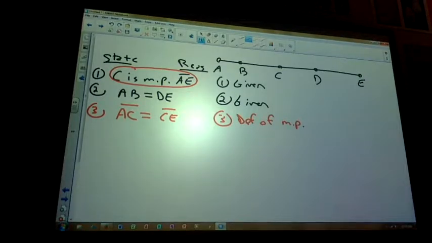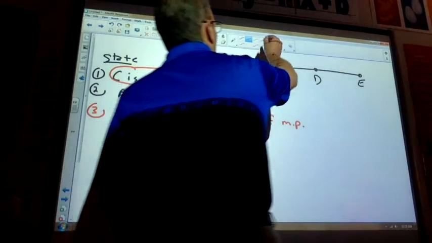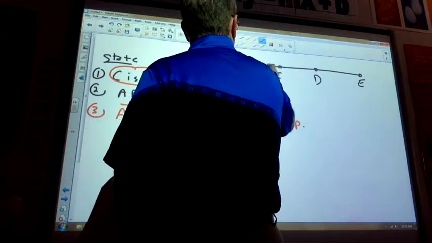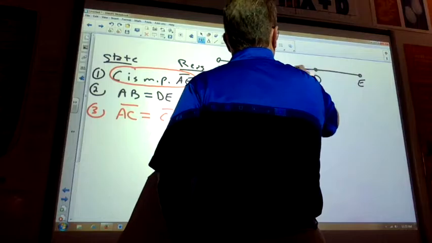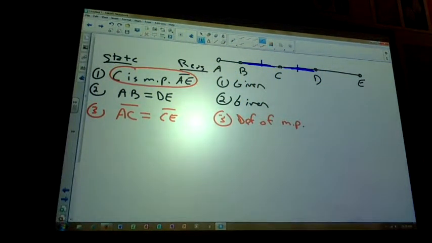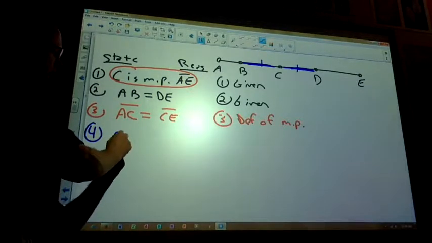What are we trying to prove? BC. So we're trying to prove this and this are congruent, right? Now, other things that I would probably go with on here.